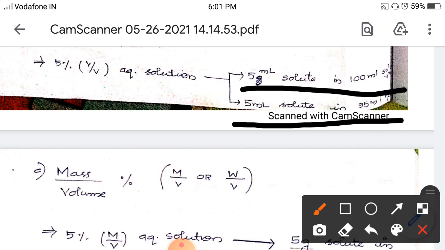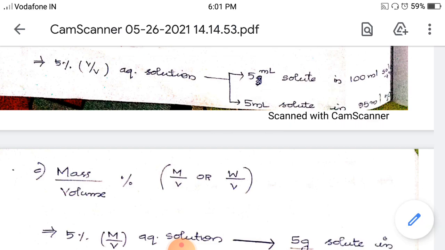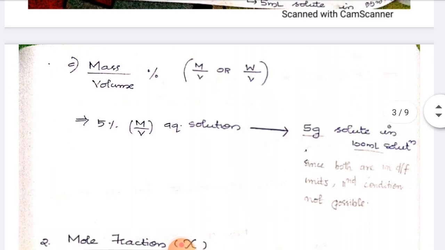Clear? The 5 is subtracted because 5 ml is the solute.